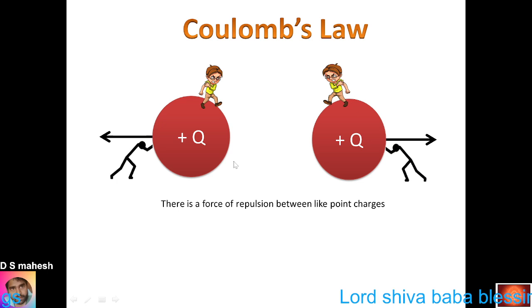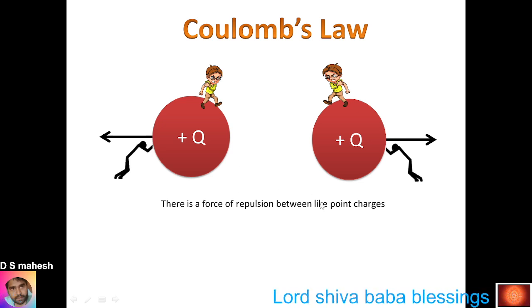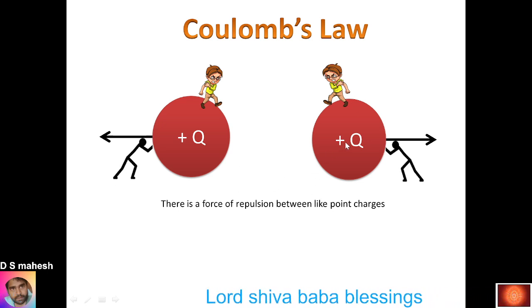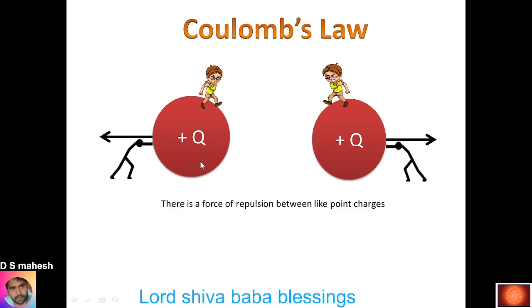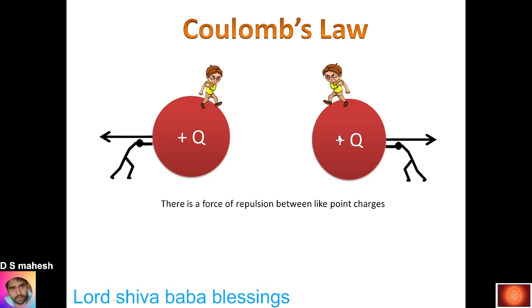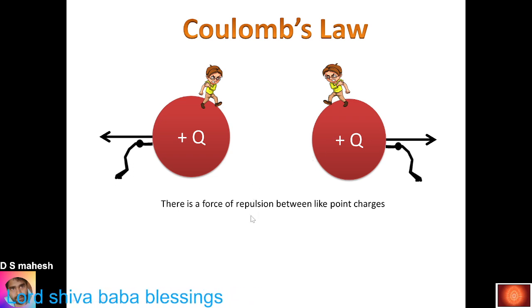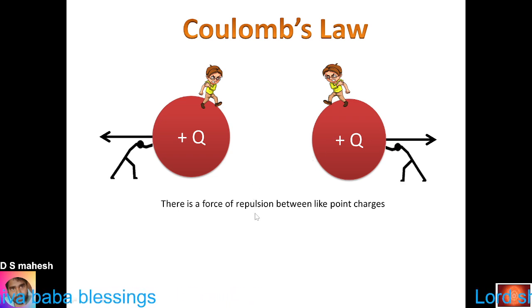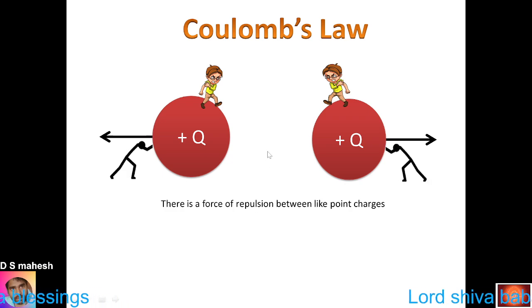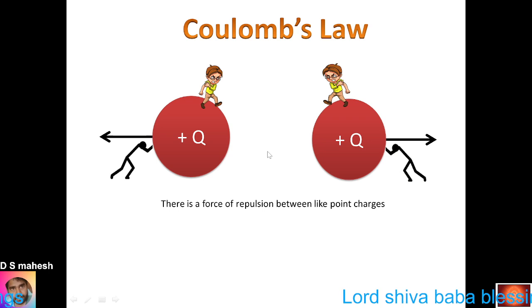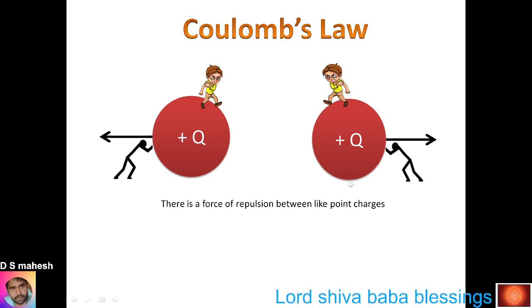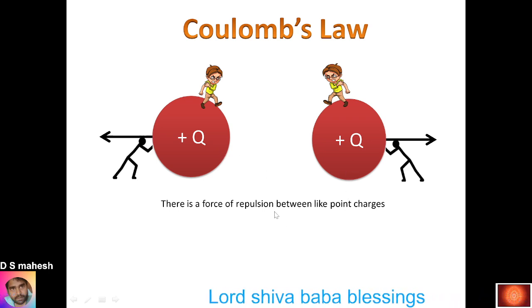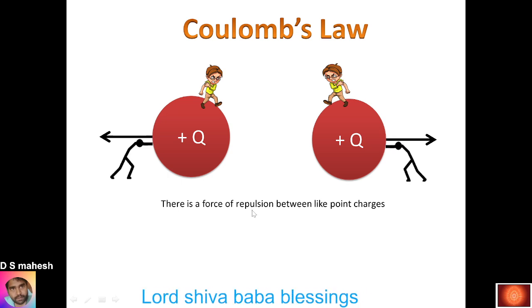Similarly, if the charges are like charges, that is if both the charges are plus q charges or if both the charges are minus q charges, then there is a force of repulsion. So when the charges are unlike, there is a force of attraction. If the charges are like, there is a force of repulsion.